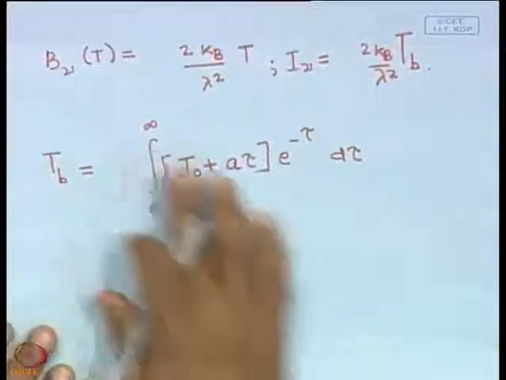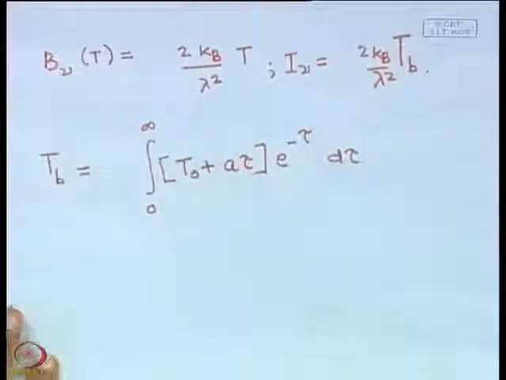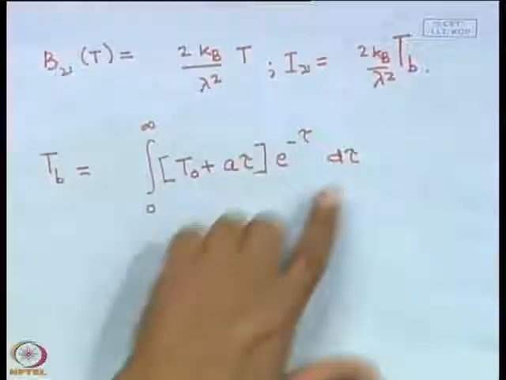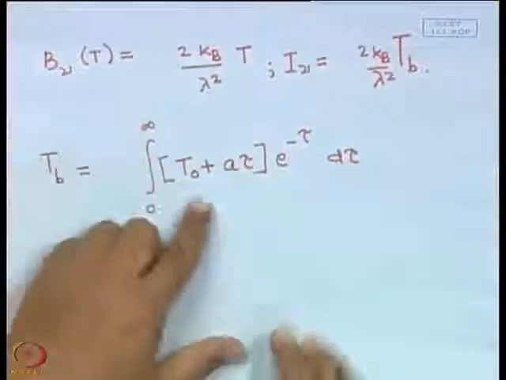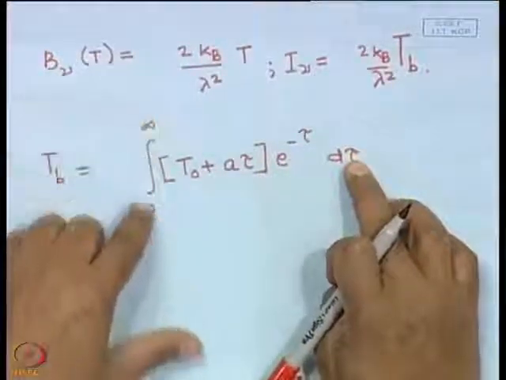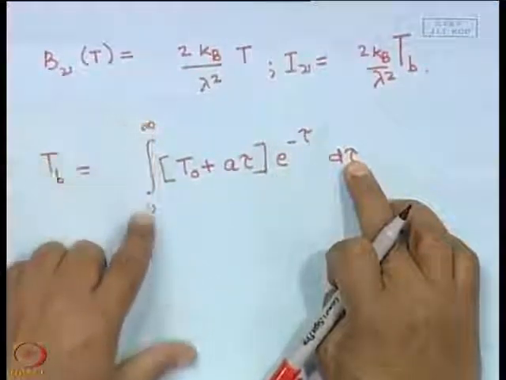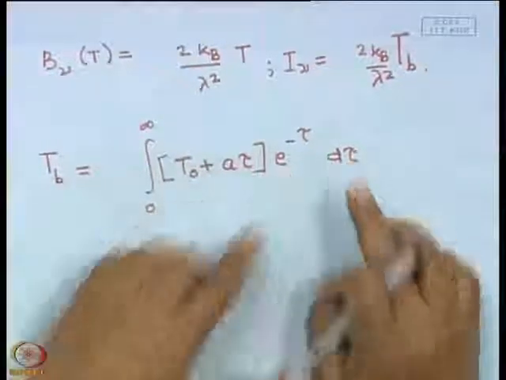Okay, so we have to do these integrals, and both of these integrals we can easily check, they give you a value 1. So you have to integrate e to the power minus tau d tau from 0 to infinity, and this has a value 1, right.